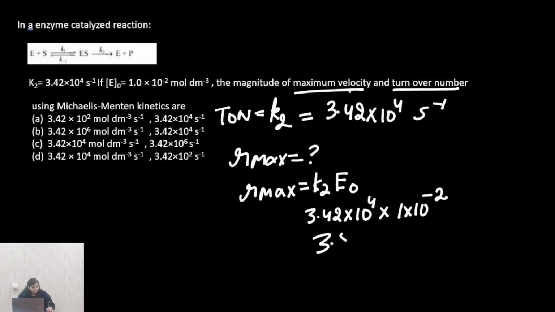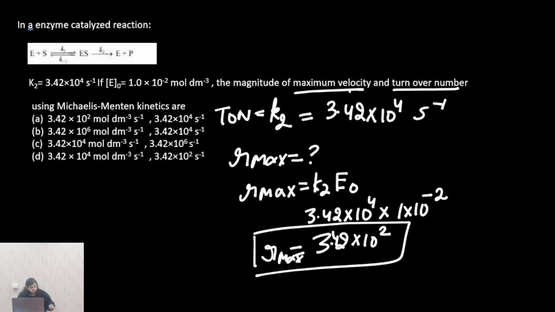So this comes out to be 3.42 into 10 to the power of 2. So this is R max, and the K2 value is the turnover number. So the answer becomes option A. You see here it is 10 raised to the power of 2 for the R max and 10 raised to the power of 4 for the turnover number.